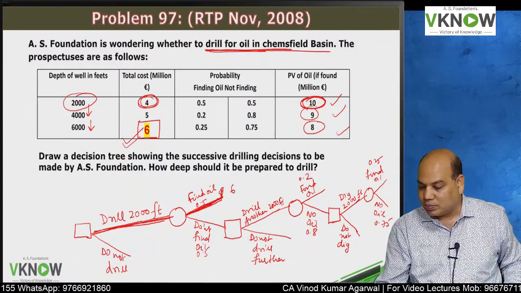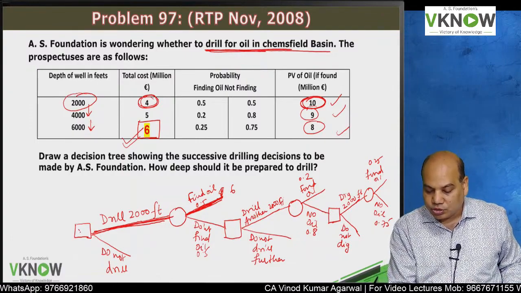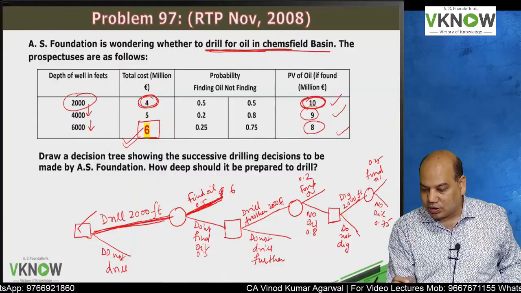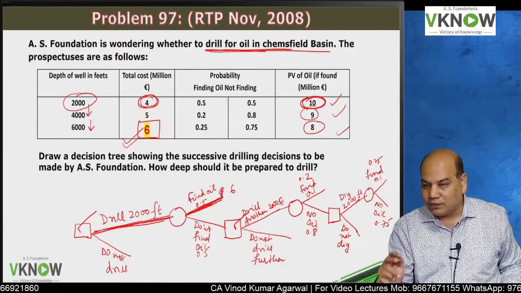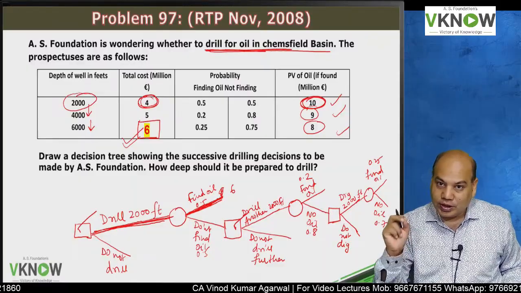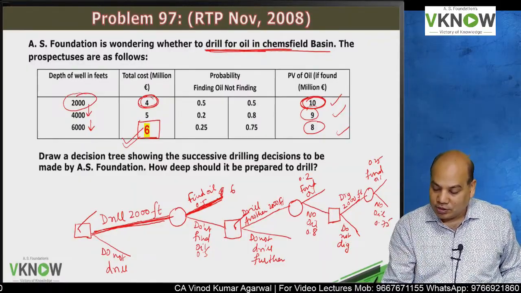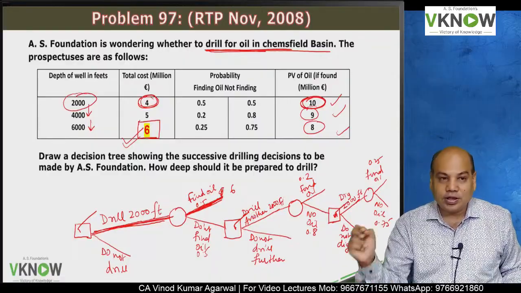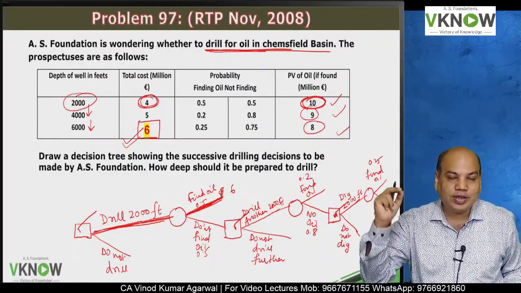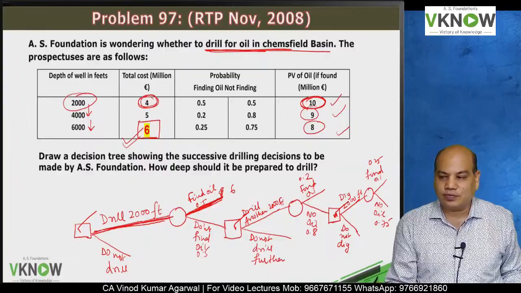So how many decision points are there? First is today, should we drill 2000 feet? Second, if I don't get oil in the first 2000 feet, should we drill another 2000 feet? If I don't get oil again, the next decision point is should we drill a further 2000 feet?